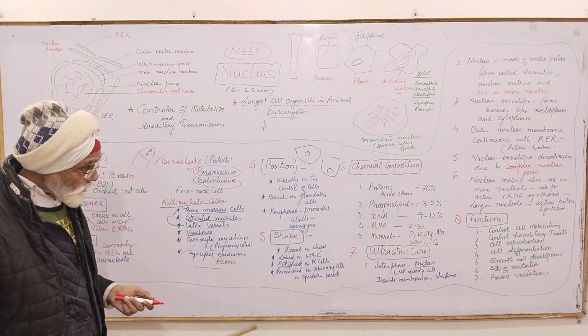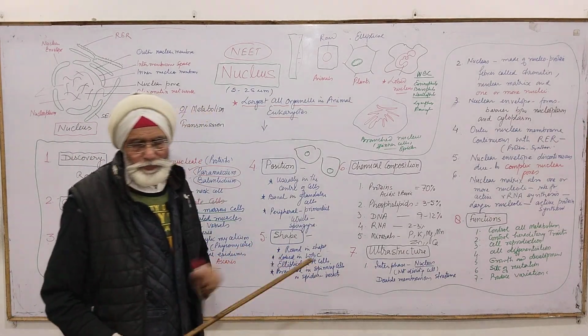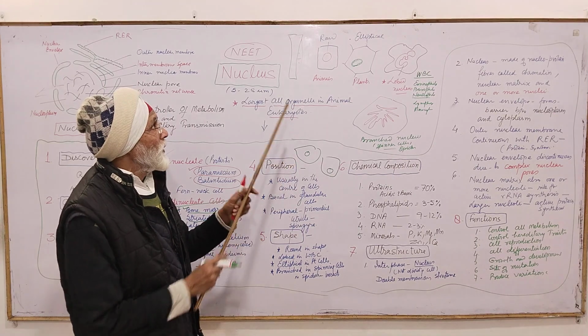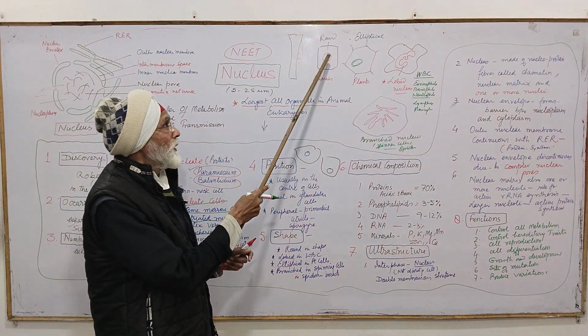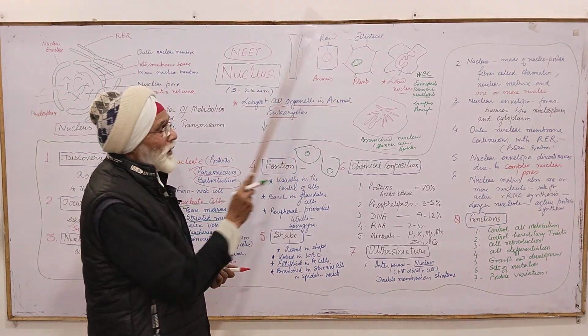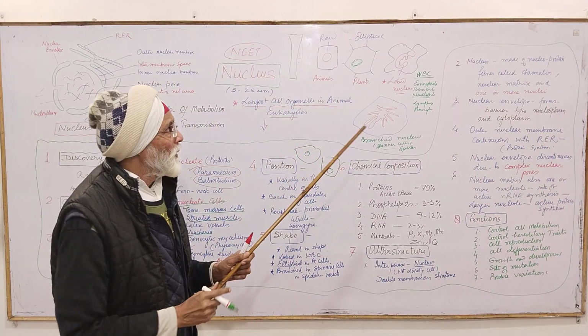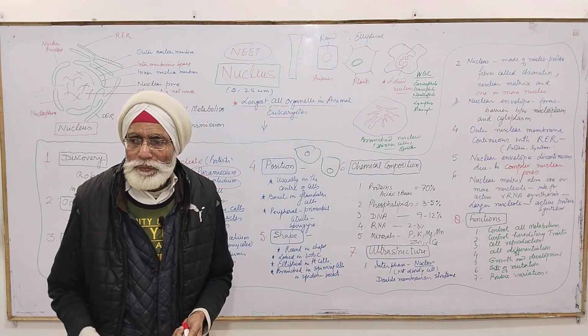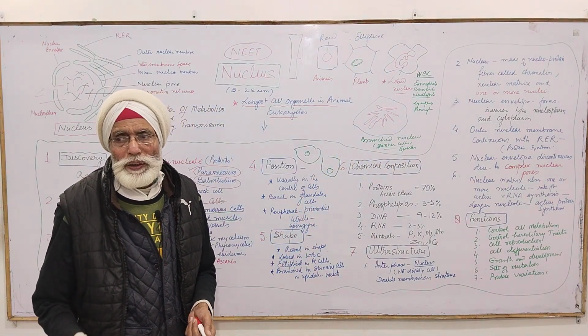Next heading is shape. Normally you see it round in shape. In animals, it is round in shape, and in plants it is elliptical, rather slightly bent. And in the case of WBC, as I have told you, they have a lobed nucleus, bilobed, trilobed.